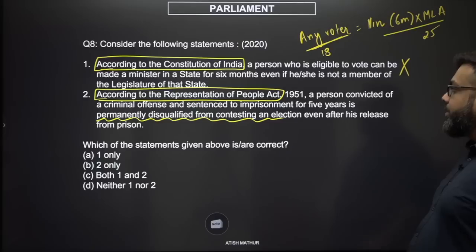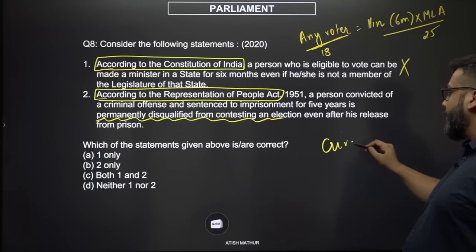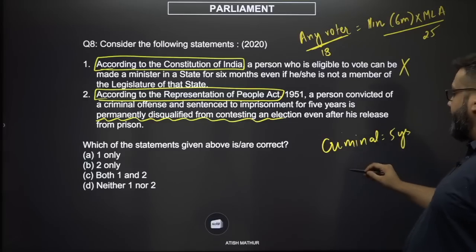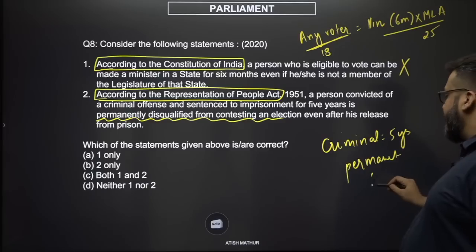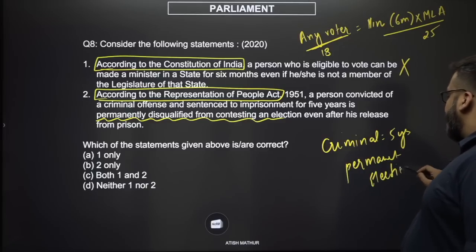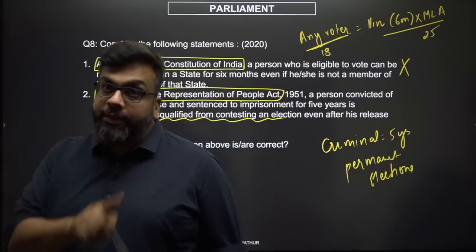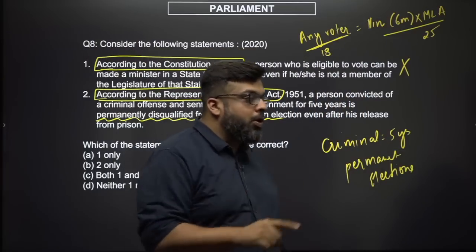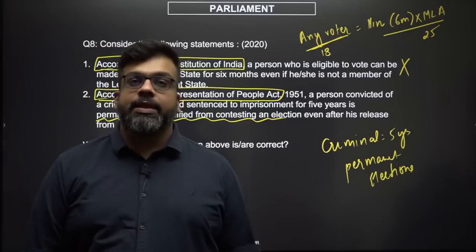Second, according to the Representation of People's Act, a person convicted of a criminal offence, which means a criminal who has been sent to jail for 5 years, is permanently disqualified from contesting elections. If a person has served punishment and even after serving the punishment is not entitled to resume normal life, then what happens to principles of natural justice?